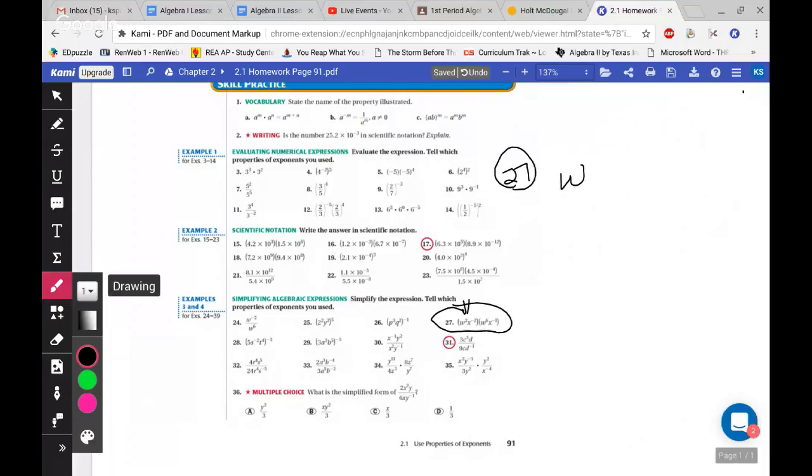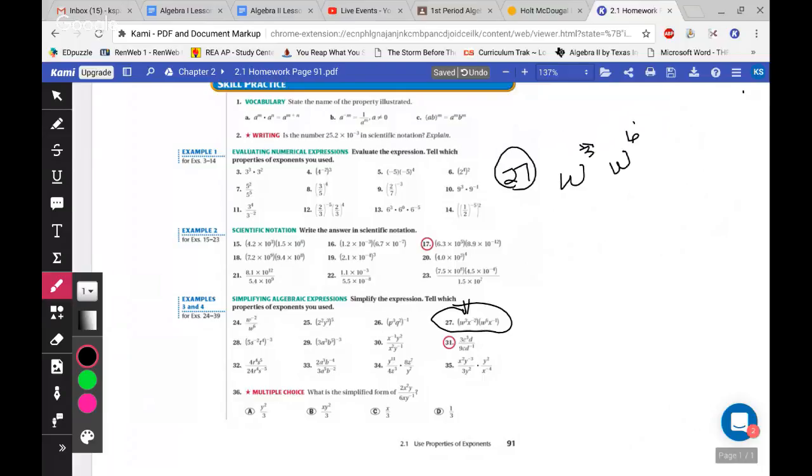So all we're going to do is add. And because multiplication is commutative and associative, you can actually regroup them.